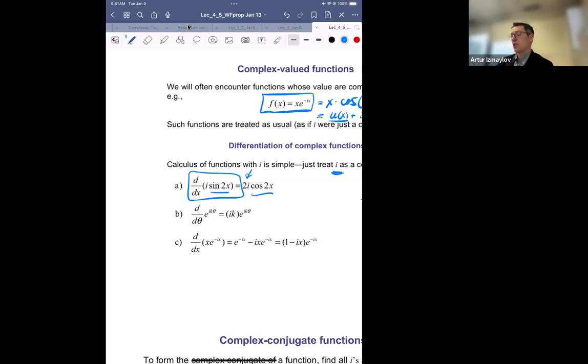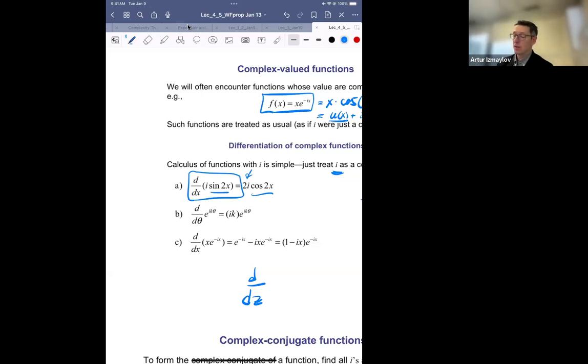So differentiation and integration will be like real calculus differentiation and integration. There is a nice area of calculus that talks about how to extend differentiation and integration to complex variables, let's say d over dz, where z is a complex number. That calculus we won't use, and it won't be necessary.